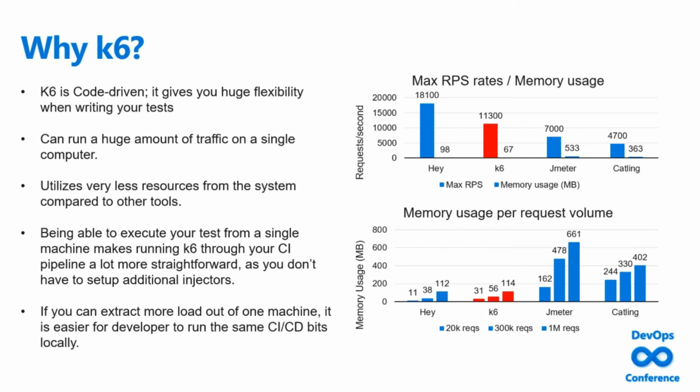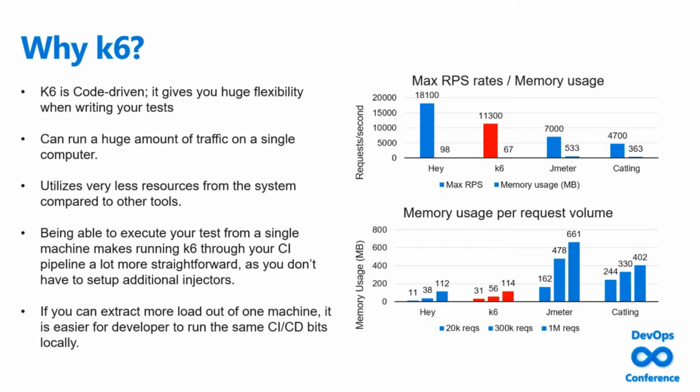As you can see on the top graph, K6 can reach even 11,300 requests per second, which is a lot. I mean, these graph measurements were taken using a 4-core Celeron running on Ubuntu server with 8 GB of RAM. So it's not super powerful.